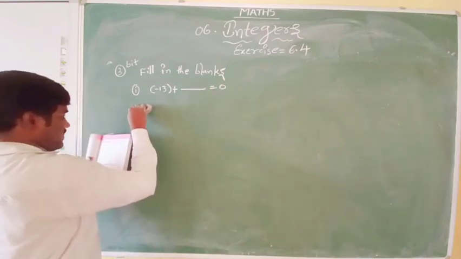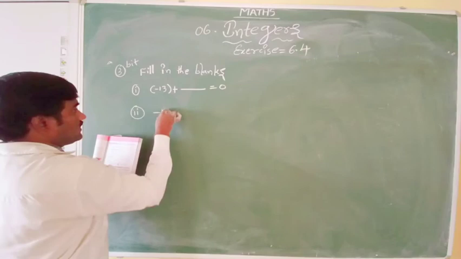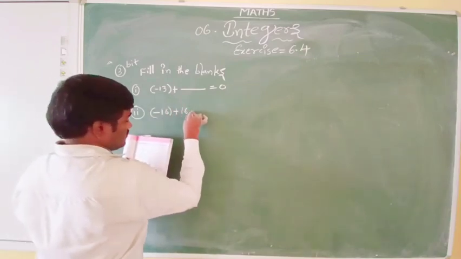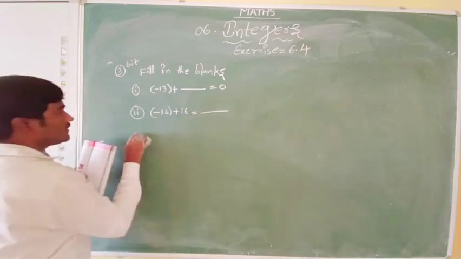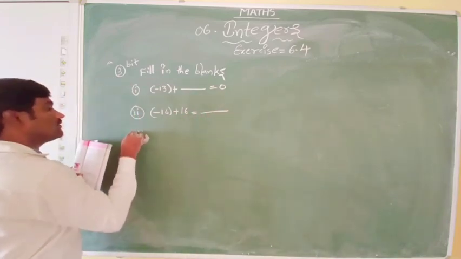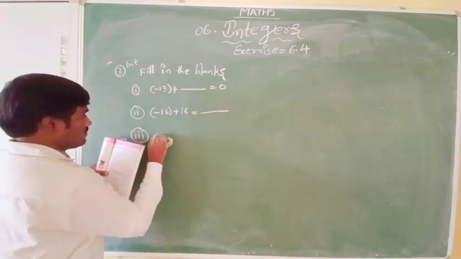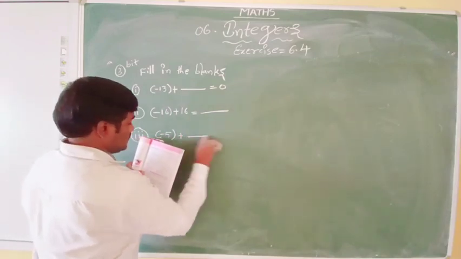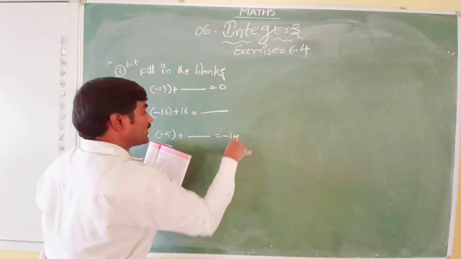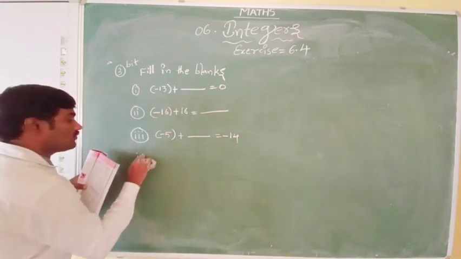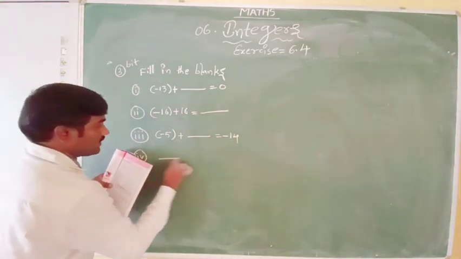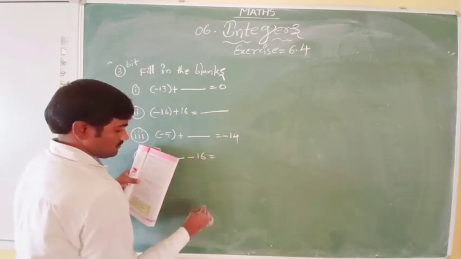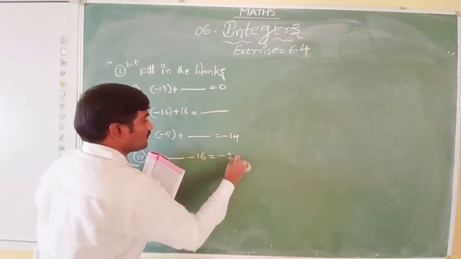Second one, minus 16 plus 16 equal to dash. Third question, minus 5 plus dash equal to minus 14. And the fourth one, dash minus 16 is equal to minus 22.